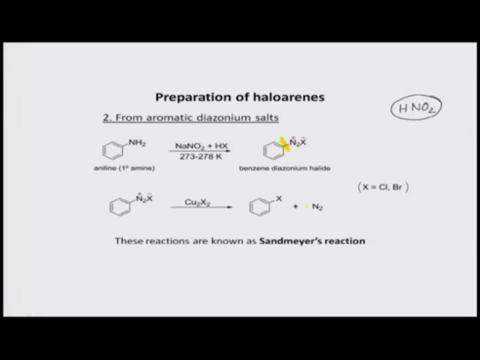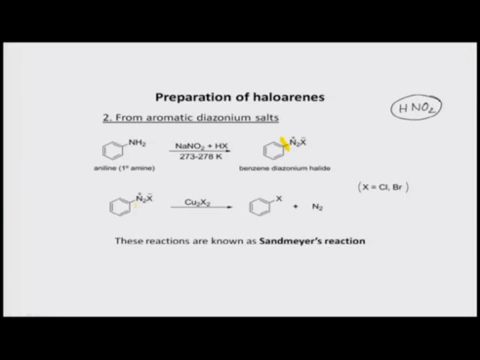The interesting point here is that the X that is replacing can be either the one attached to copper or the one present as the anion along with the diazonium salt. Normally, if you want a chloride, it is better to start with an aromatic diazonium chloride. If you want a bromide, it is better to start with an aromatic diazonium bromide and so on.